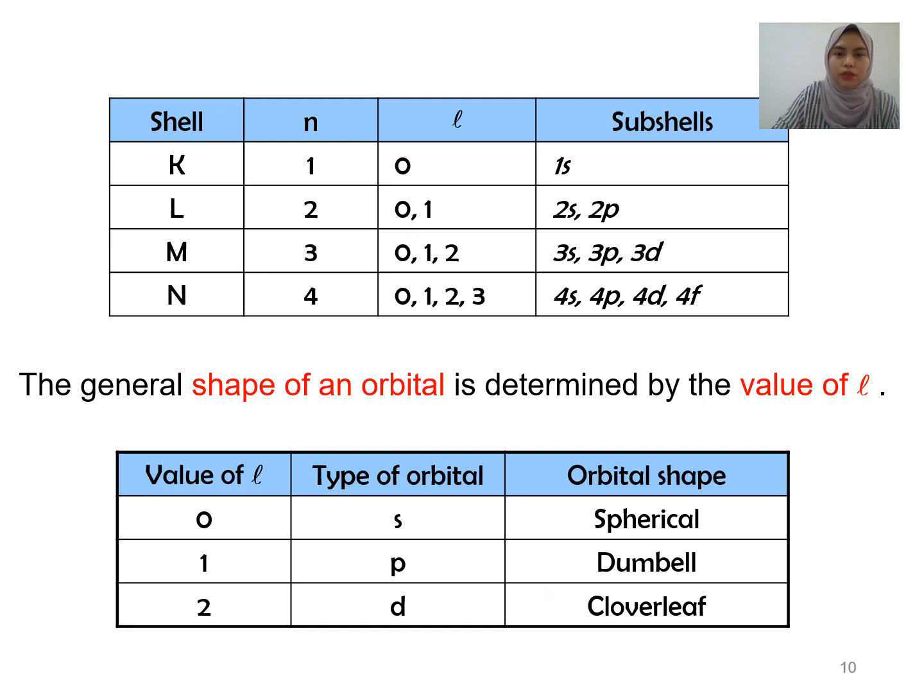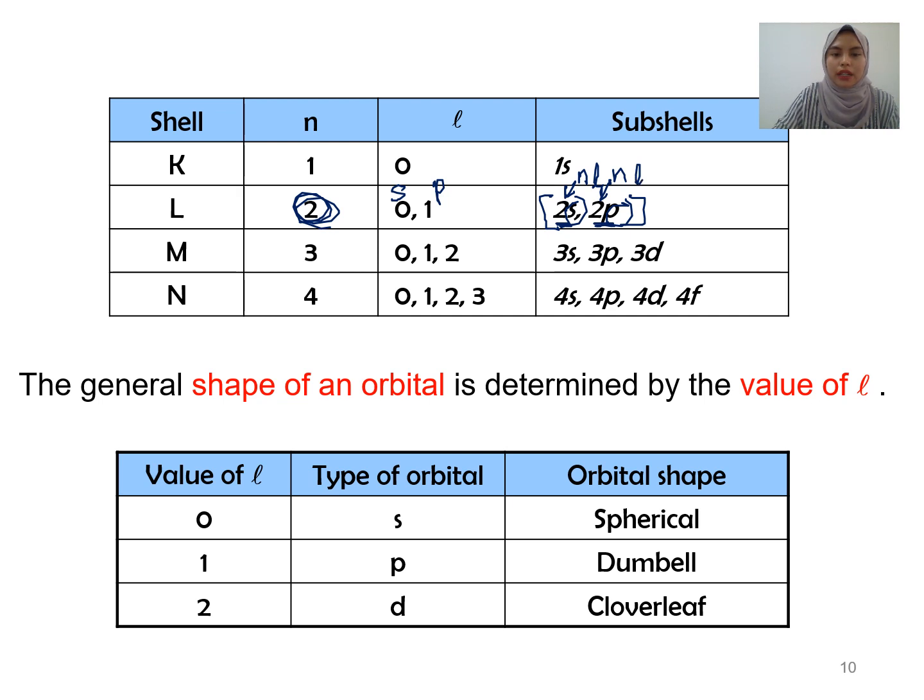Since 0 has subshell S, 1 has subshell P, and the energy level is 2, the subshells will be 2s and also 2p. Where do you get the number 2? The number 2 is from n. The S you get from L.